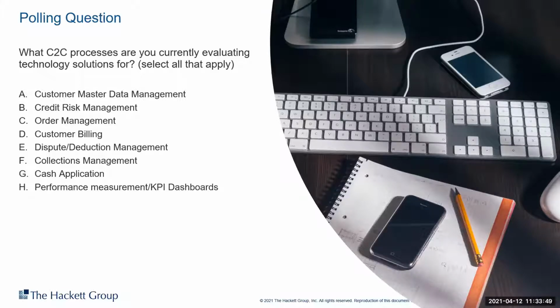It's the one that everyone thought we had figured out years ago, and it's still a big challenge. So it's interesting that one is at the top of the list, 62%. Across the board, everyone's looking at everything end to end, but really cash app is the one that, if we can really get that figured out, it actually drives a lot of improvements across the end-to-end process. That's a good one to know that everyone's looking at that.